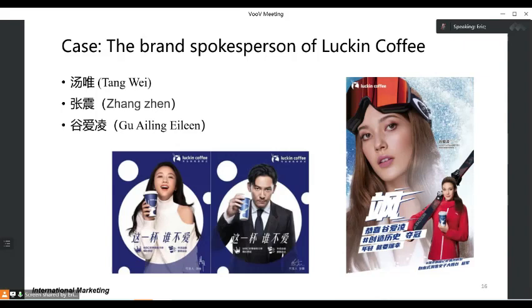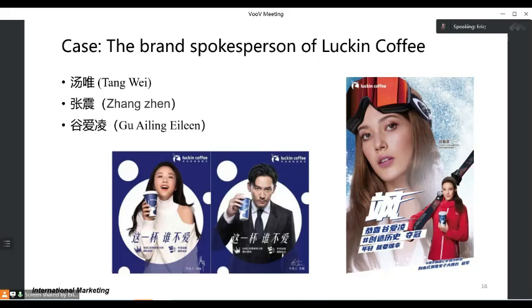If we broaden the definition, the opinion leader can also be stars, celebrities, online celebrities, idols, superstars, movie stars, sports stars, singer stars.